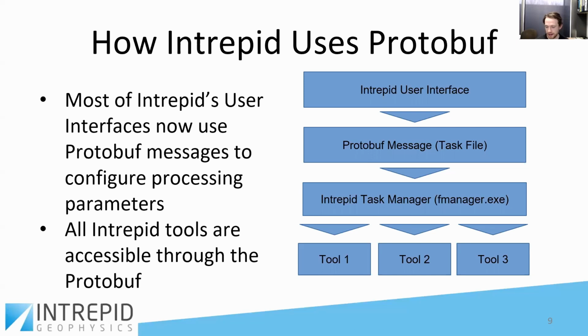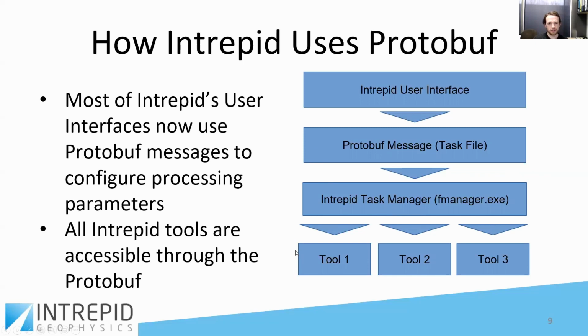You might not see it happen, but all of our messages go through the task files and then into the engine. Usually we have a module that is specifically just for taking in the task files, and that distributes the different messages in a task file to the relevant tools that are processing the job.